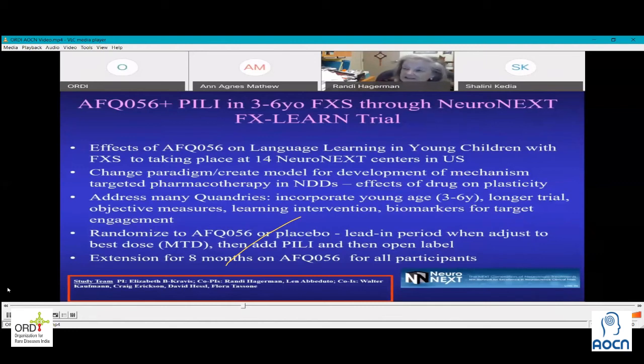This has been done at multiple centers funded by NeuroNext, which is an NIH funding system.